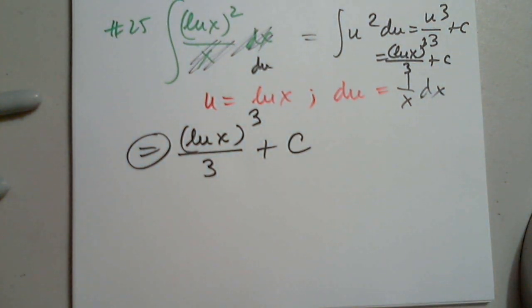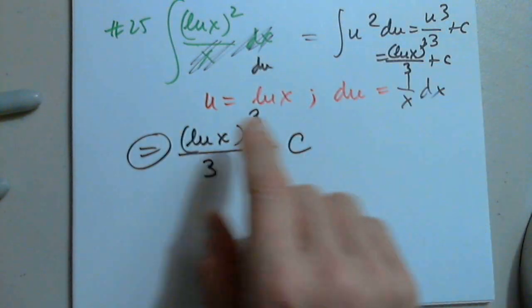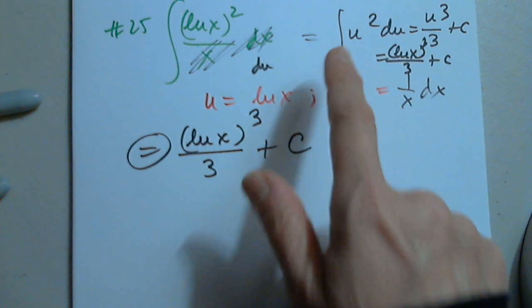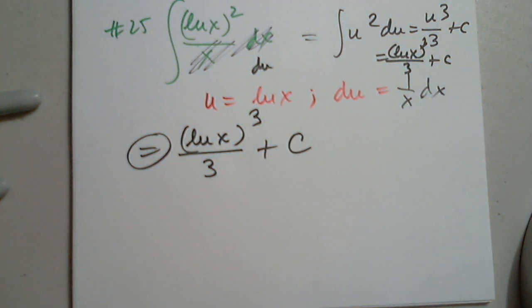Awesome. Hold on. Can you stop for a second? Yes. Okay, so I got the u and du. So then we're plugging back in. So it's u squared du.